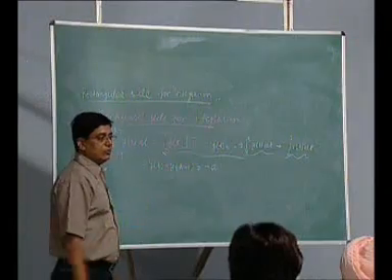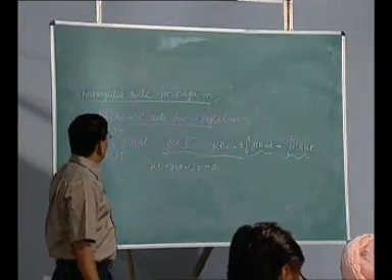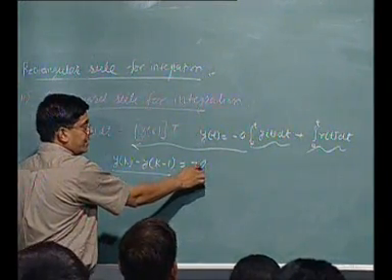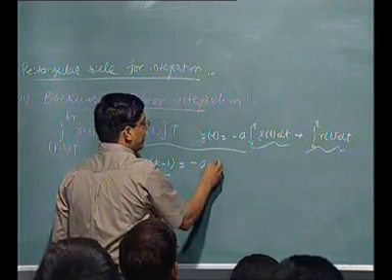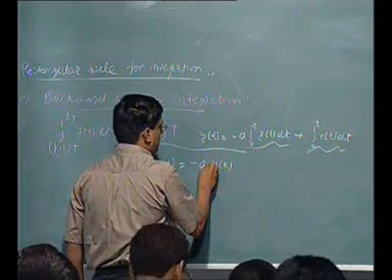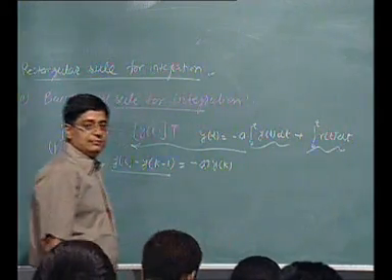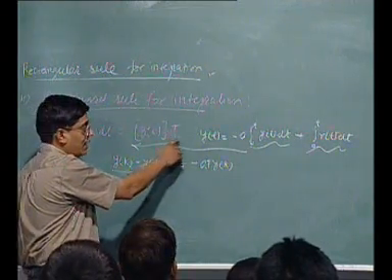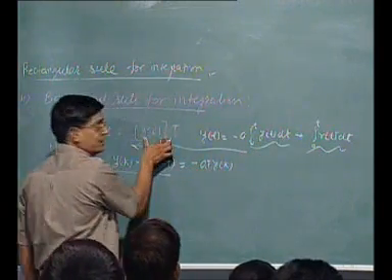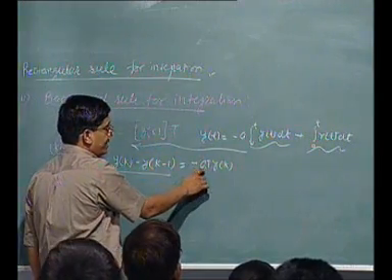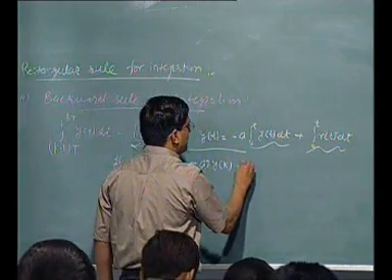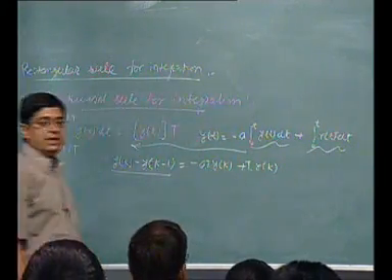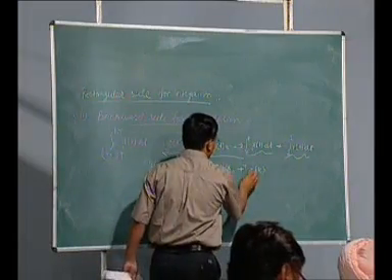We are using this backward rule for integration. By putting limits, then minus a, this one can be replaced by only y_k into T. I have replaced this factor by this one. So, it is minus a T y_k plus T r_k. It is not T 1, it is T r_k.